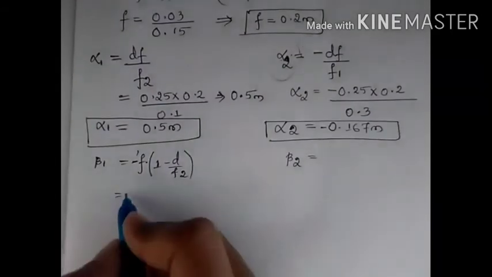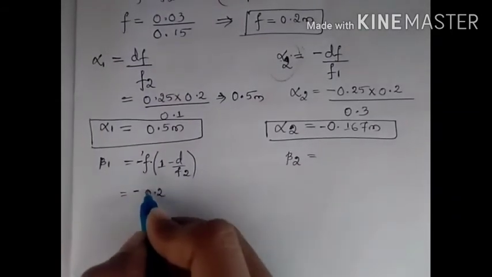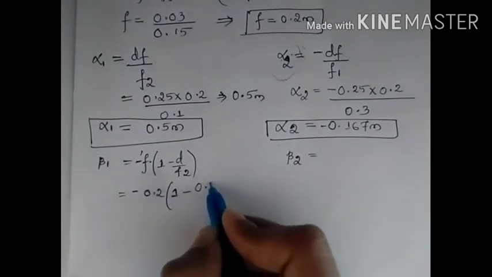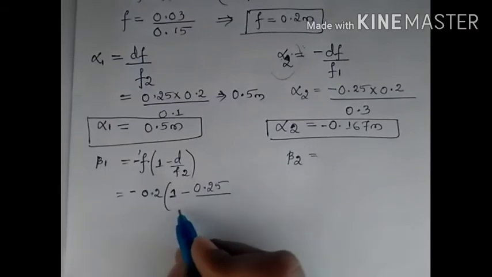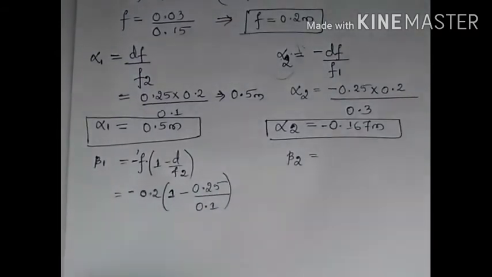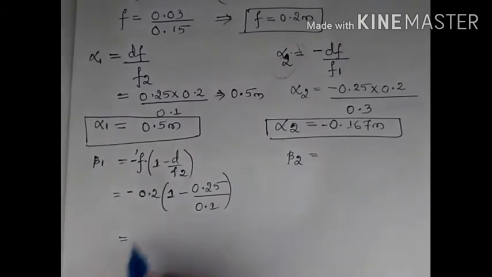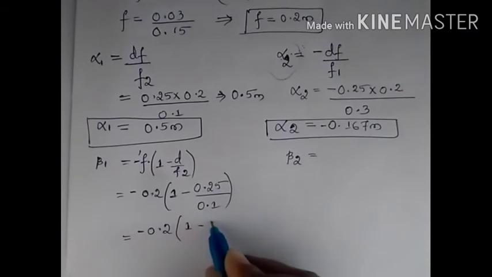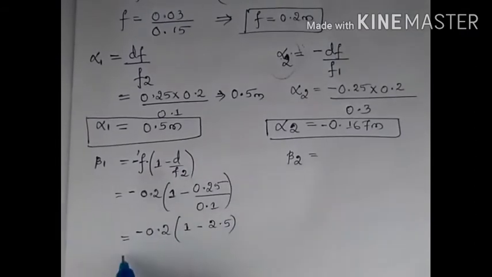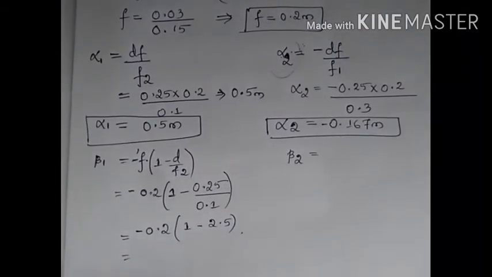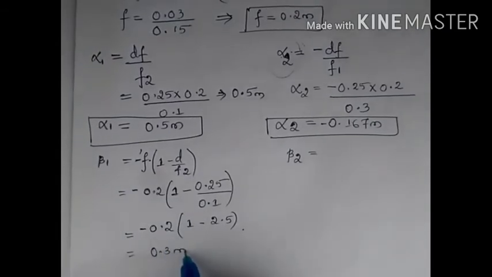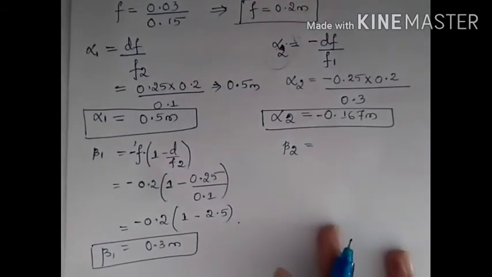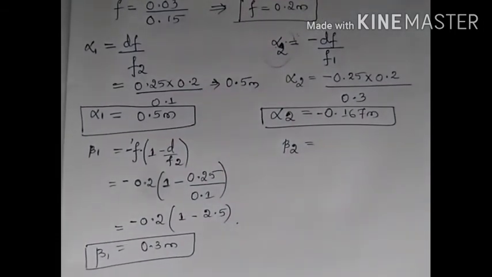So f we know is 0.2, multiplied by 1 minus d, which is 0.25, divided by f2, that is 0.1 meters. So now this gives 0.2 multiplied by 1 minus 2.5. If you solve this, you get the value of beta 1 around 0.3 meters. So this is what beta 1 is.